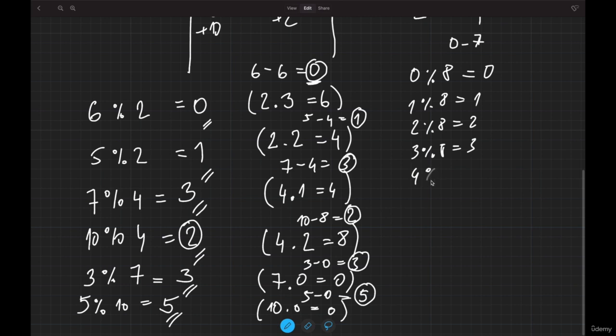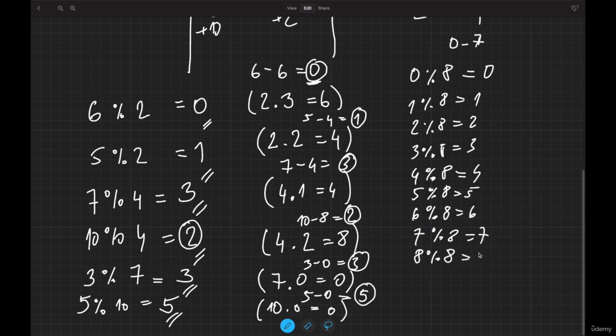So 4 modulo 8 is 4, 5 modulo 8 is 5, 6 modulo 8 is 6, 7 modulo 8 is 7, 8 modulo 8 is 0. Now you can see we already reached the whole cycle. We went from 0 to 7.